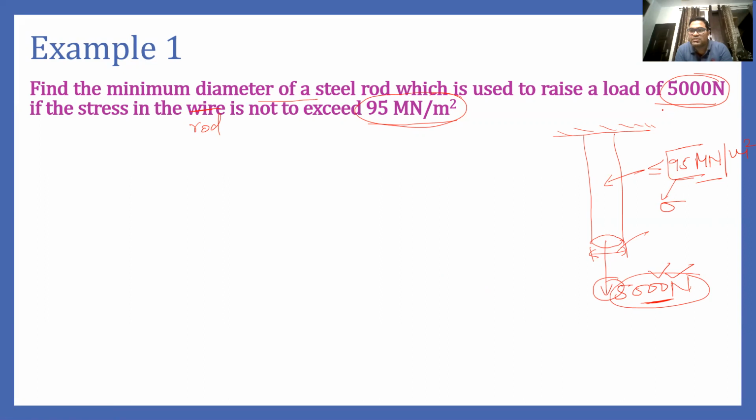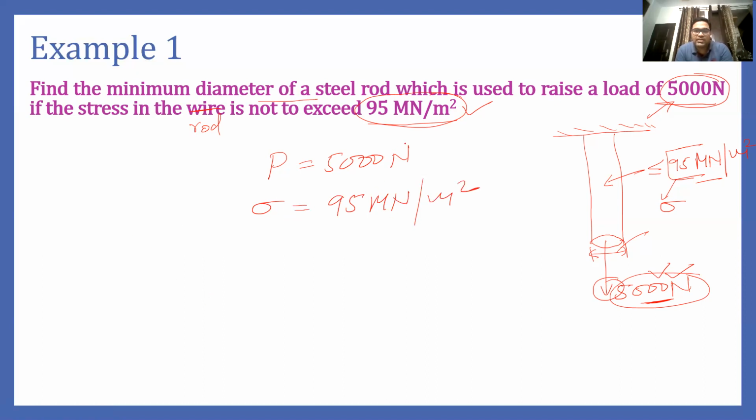The load P is given, which is 5,000 Newton, and the stress value is also given. The maximum stress it can have is 95 mega Newton per meter square. So sigma, the average normal stress, is given here as 95 mega Newton per meter square.